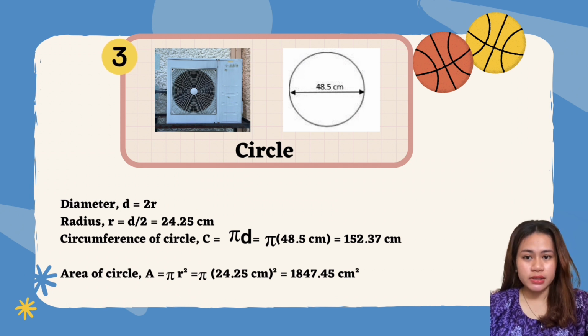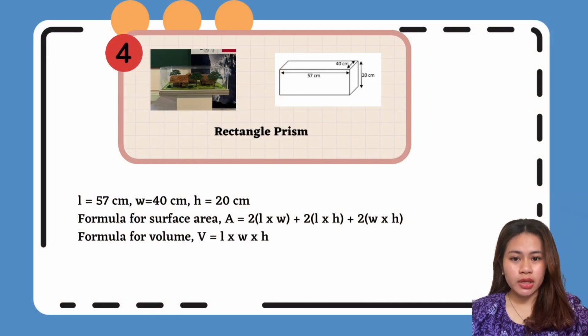We also need to find the circumference of the circle, C equals pi D, and we find that the circumference of the circle is 152.37 cm, while the area of the circle is given by the formula A equals pi r squared. And we can find out that the area of the circle is 1847.45 cm squared. The last shape is the rectangular prism.